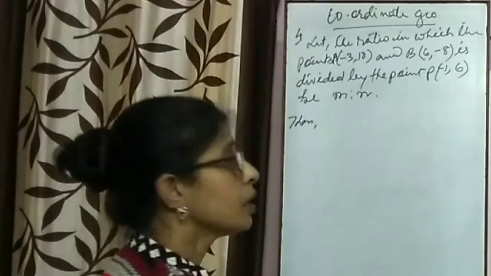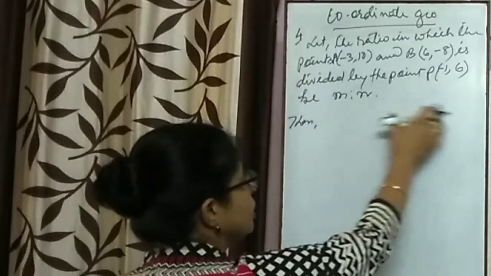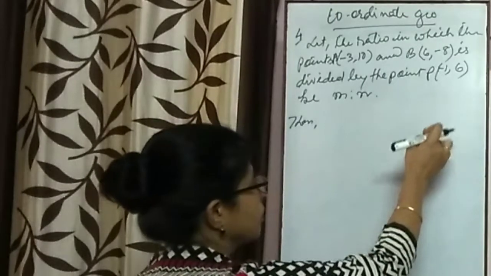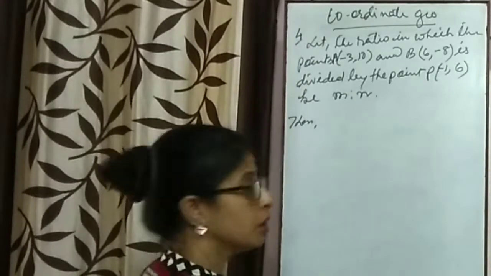Then by using the same section formula only, we can find the ratio, we can find the point by which it is divided, we can find the coordinates of any one of the 2 points also.